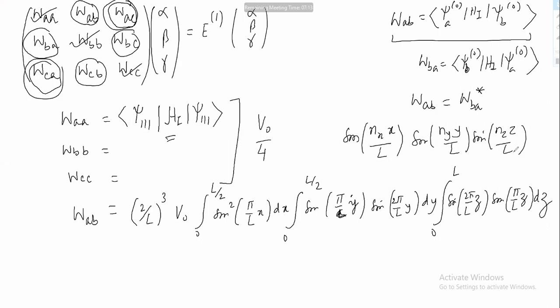What will be WAB? Tell me, what will be WAB when I am considering this? This will be psi A0, HI, psi B0. What will be psi A0 and psi B0 in my case?